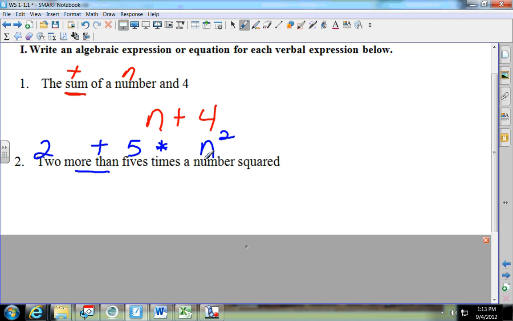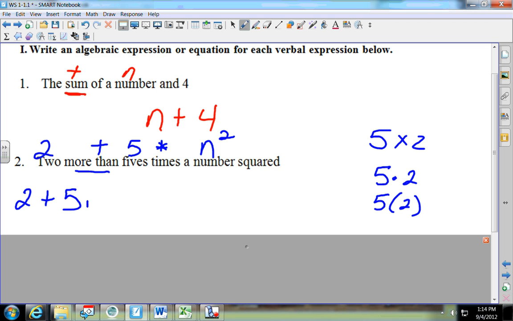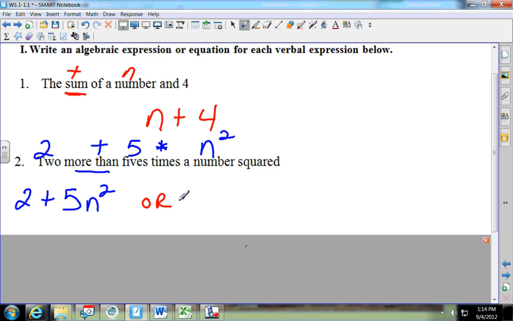You could use an x squared, but I'm just saying, whenever we use a variable, x is now a variable, and we don't use it to say, like, 5 times 2. We don't write that like that anymore. You either write 5 and a dot and 2, or you can use the parentheses like that. Okay? So this one, 2 more than 5 times a number squared. Or because addition can go back and forth and it doesn't change the value, it could be 5n squared plus 2. Either way of those is correct.